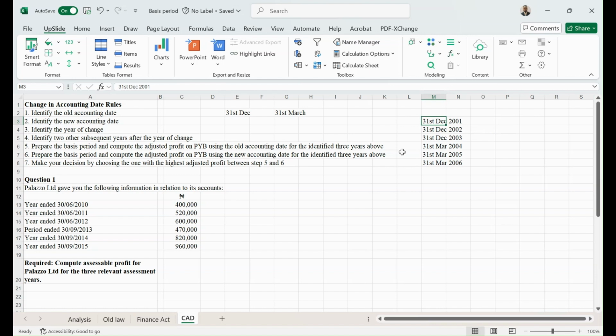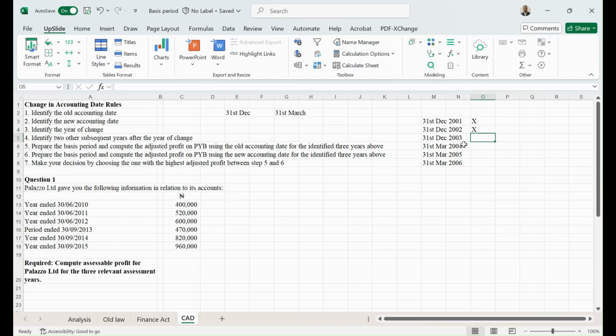So when is the year of change in this case? Let's focus on these years. The question to ask is: in 2001, was the old accounting date used? If the answer is yes, then that is not your year of change. In 2002, the old accounting date was also used, so that is not the year of change.